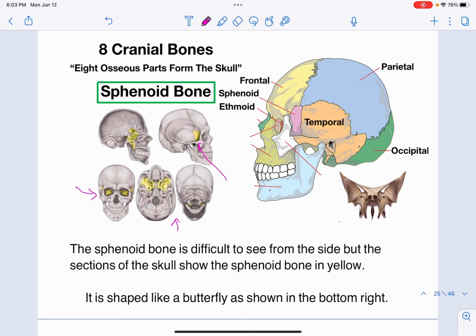So the best thing to do is find an isolated version of the sphenoid bone and try to identify the features. There are kind of a lot of features to this sphenoid bone, okay? And we'll work through them systematically, and then when you're in lab, try to work through them as well.